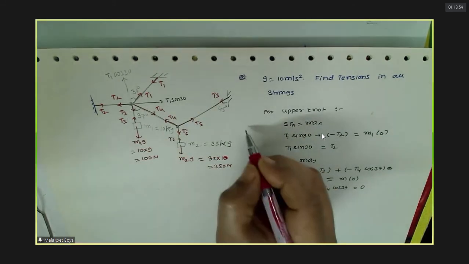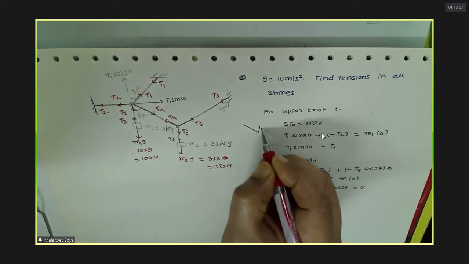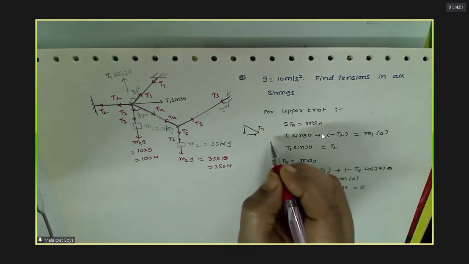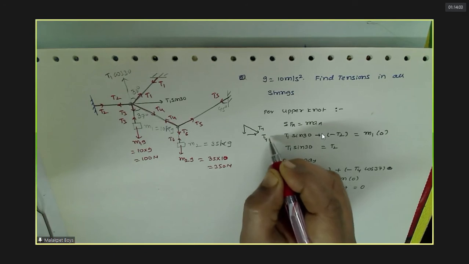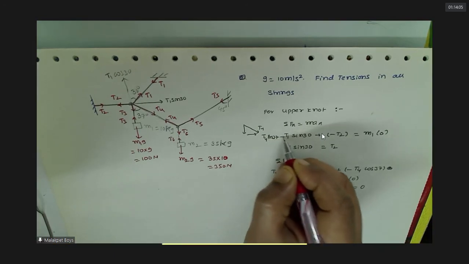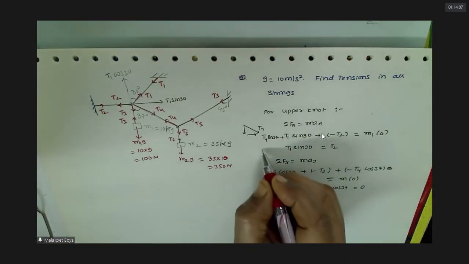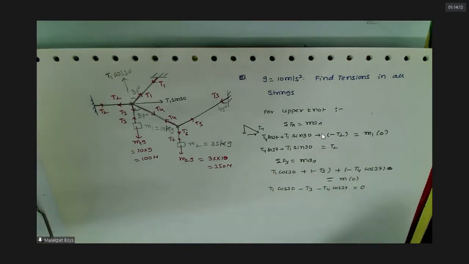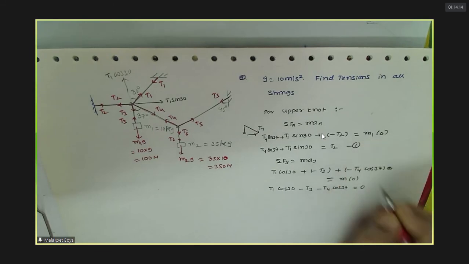T4 will be like this now, T4 sine 37 degrees. So you have plus or minus T4 sine 37? Plus, sir. Plus. Understood this? First equation, yes, sir.